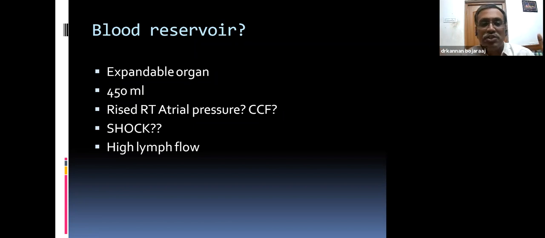The liver will become congested because it is an expandable organ. In the other direction, in shock, when there is very low blood pressure, the blood in the liver is shifted into the central circulation, and that is very useful in hypovolemic shock. So the liver is a very good reservoir. That is the point you have to remember.